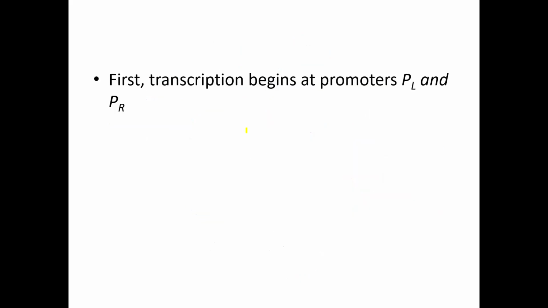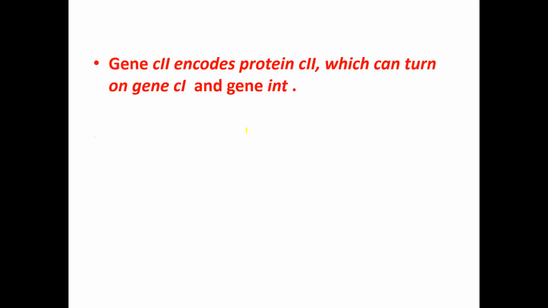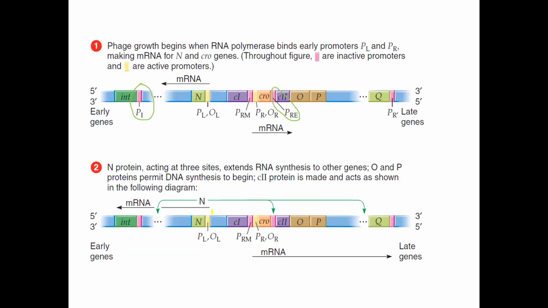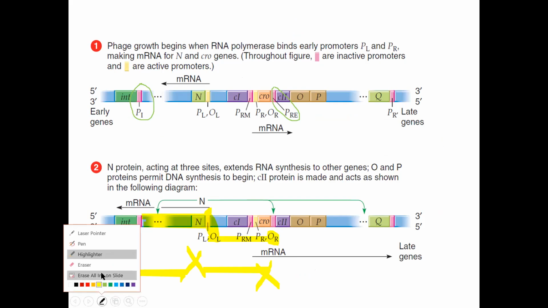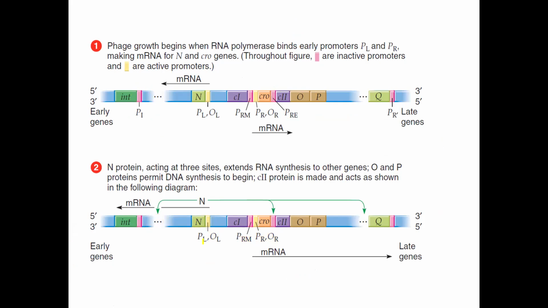So since the C1 repressor is sitting at operator left, RNA polymerase cannot sit at promoter left. And similarly, since the C1 repressor is sitting at operator right, RNA polymerase cannot sit at promoter right. Can I say that promoter left and promoter right are inactivated?